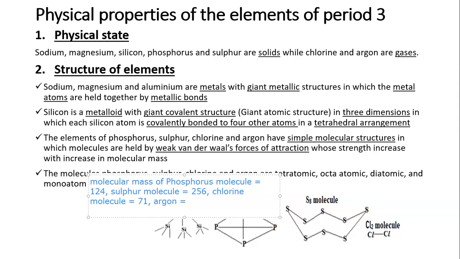Chlorine is 71. Argon, the molecular mass is 40.